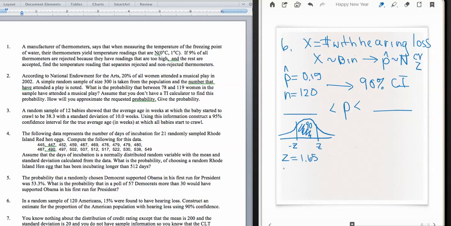But remember, we get this by inverse normal, and this 90% has to be the complement of what's in both tails, and so in both of these tails we have 0.05 here and 0.05 here because there's 10% left broken into 2.